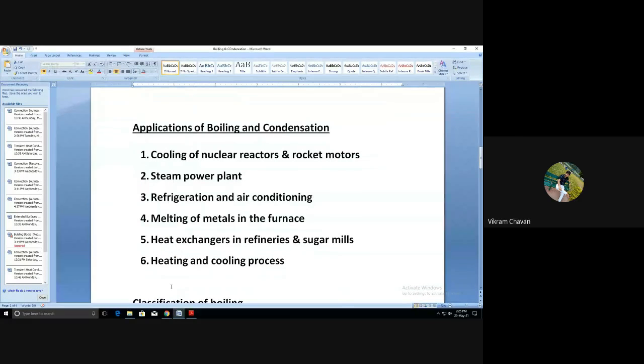Then applications of boiling and condensation.